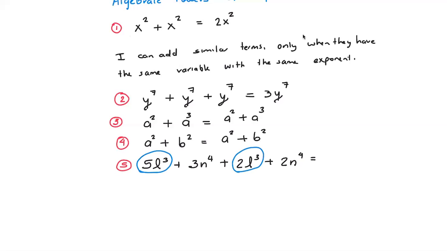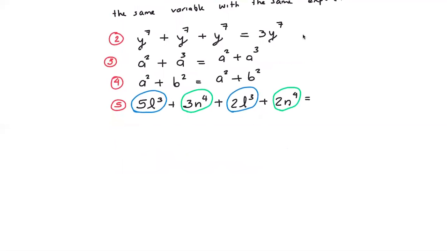So the L to the thirds will be added to L to the thirds, while the N fourths will be added to the N fourths. So this is what you do. You worry about the coefficients, not about the variables, because you are adding them. So this is what you get as an answer.